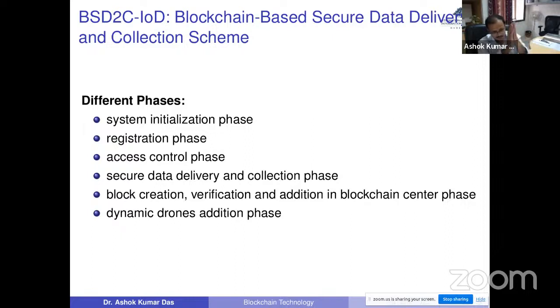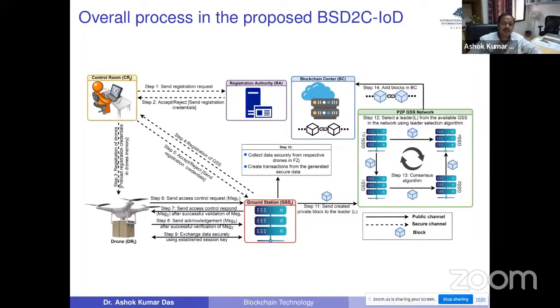So the proposed scheme has 6 different phases by which it works. For instance, this is the overall process, though I will not go through the scheme in detail. Some of the things I will go through. For example, here the registration authority is there, and the control room is there.